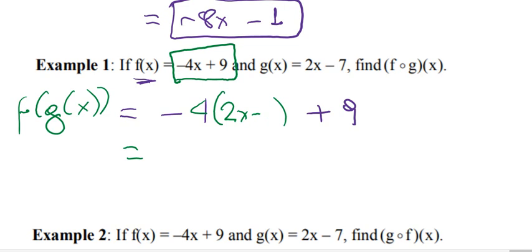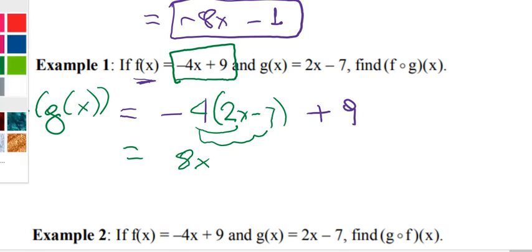Equals, I'm sorry, it doesn't like me. So we go this together and then this together, minus 8x.